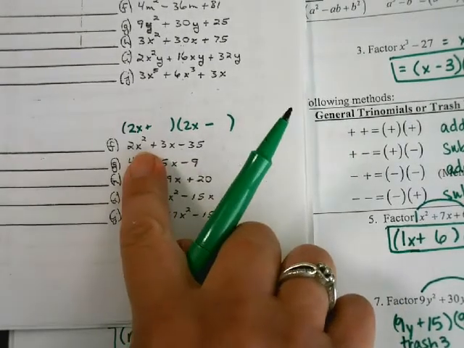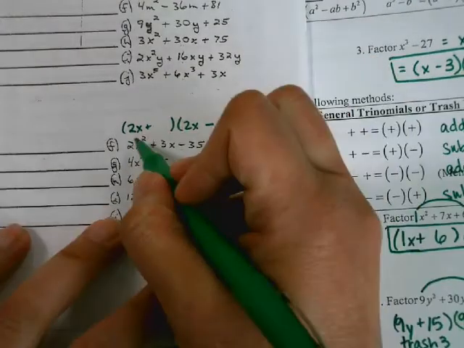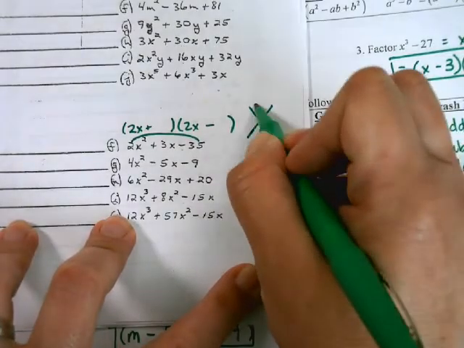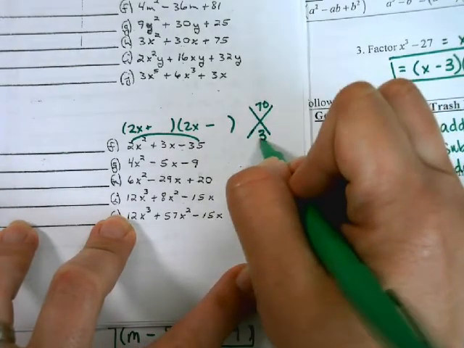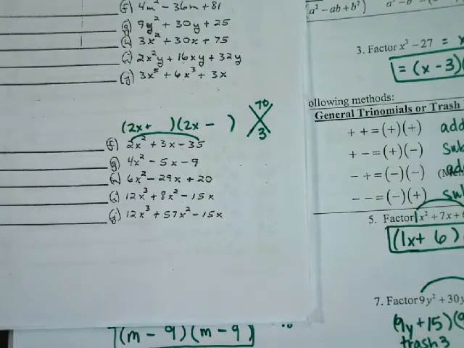All right, now I am going to take 2 times 35. What's 2 times 35? 70. I need two numbers that multiply to 70.